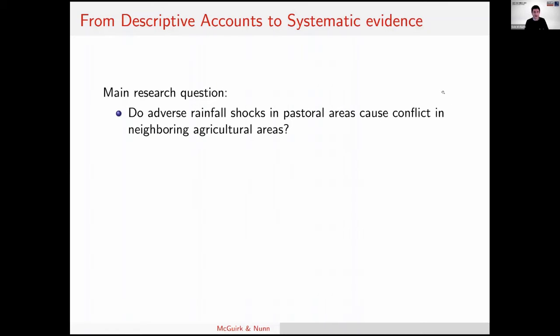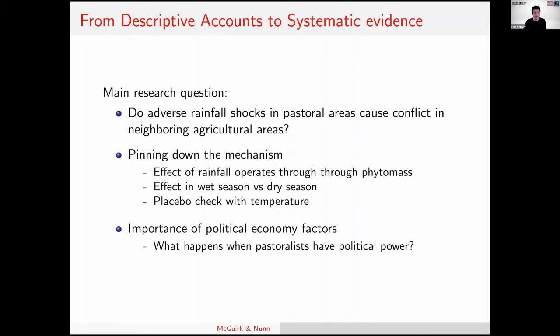One thing about having this ex ante mechanism specified is that we can really dig down on the mechanism. I don't know if I'll have time for this, but hopefully I'll be able to show you that the effect of rainfall is operating through phytomass, which is plant biomass growth. The conflict should be occurring in the wet season before the harvest and not in the dry season after the harvest.